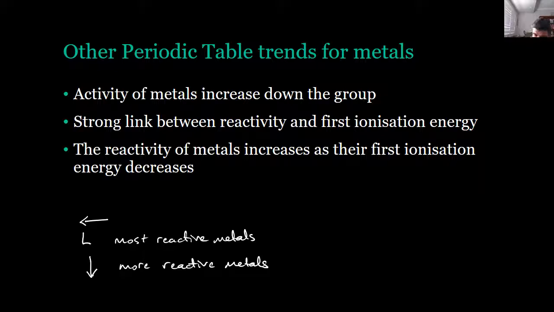So even if we look at group 1, which we already know is a group of very active metals, we can have lithium, sodium, potassium, rubidium, and these are, as we go down this table, becoming more active. And of course, francium is at the bottom.